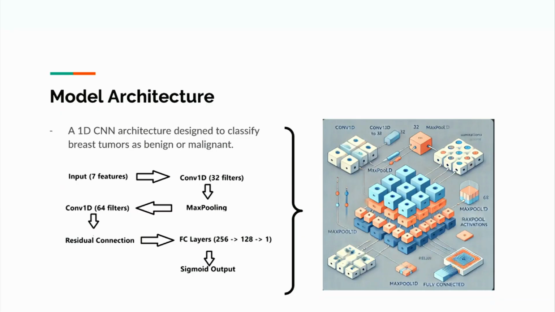This helps the model preserve important information from earlier layers and makes it easier for the model to learn complex relationships. After convolution and pooling steps, we flattened the extracted features and passed them through fully connected layers that gradually narrow down to a single output, which gives us the probability of the tumor being malignant.